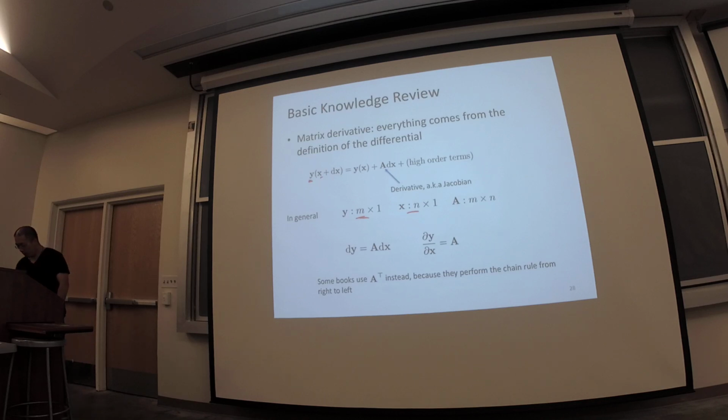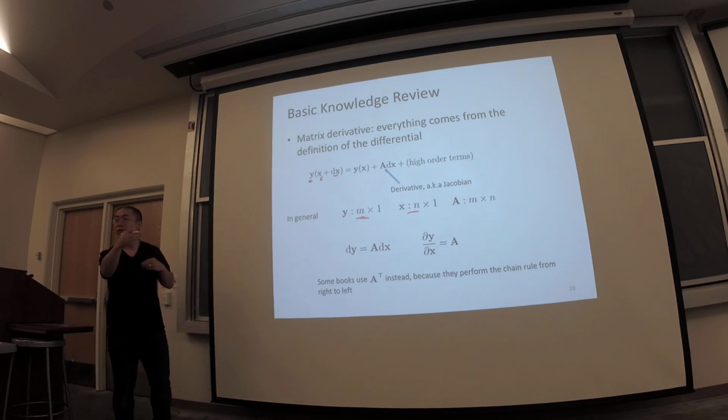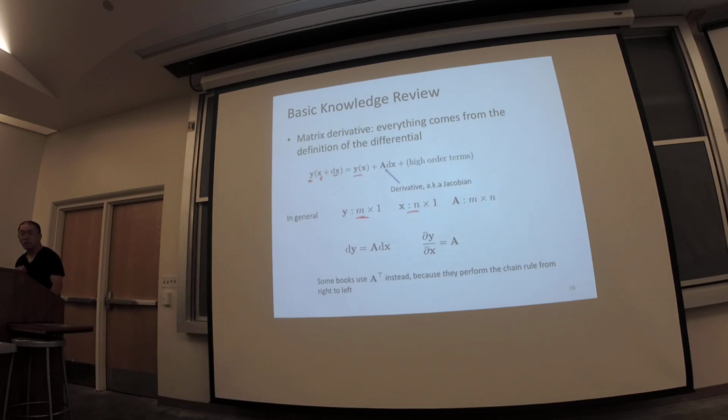So we can still represent the vector function y of x plus some dx, where dx is a very tiny difference, but it's a tiny vector, as y of x, the function value at x, which is a vector, plus a matrix A multiplying this difference dx, plus some higher order terms.